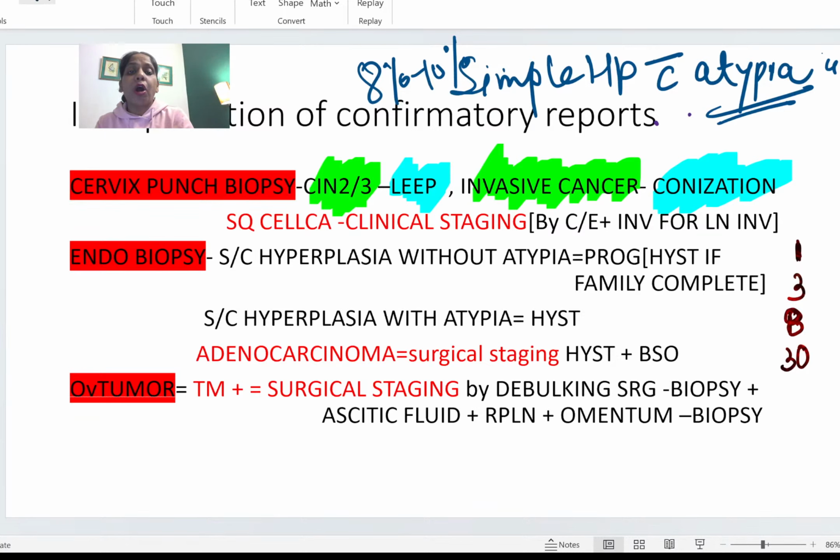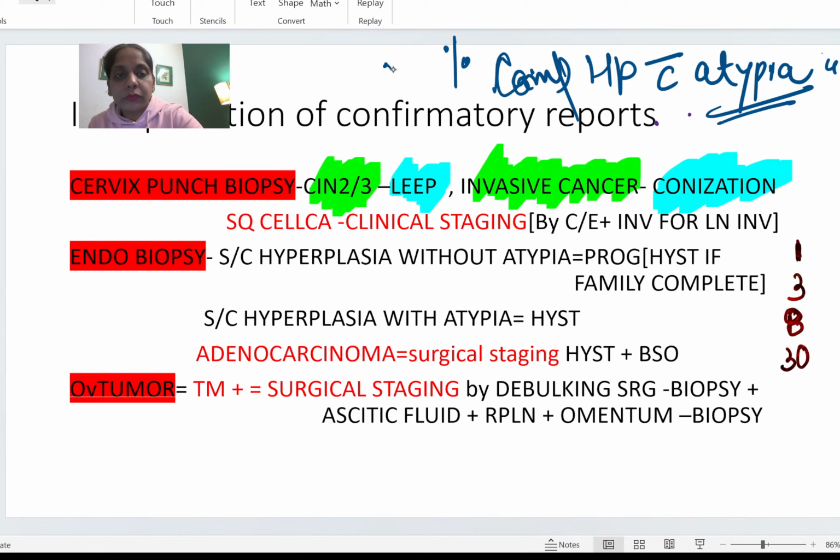And in case of complex hyperplasia with atypia, the risk of CA endometrium is 30%. These percentages are asked and you have to learn. The first one, simple hyperplasia without atypia, risk was 1%. The rest you can learn, 3 into 10 is equal to 30.